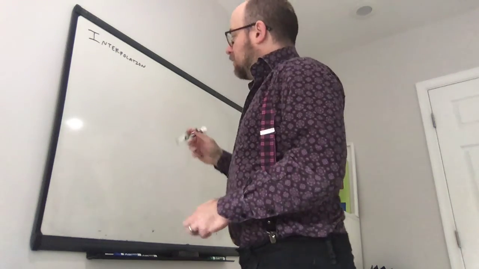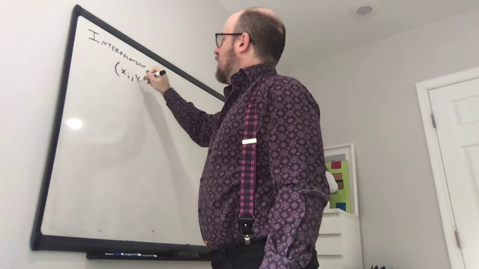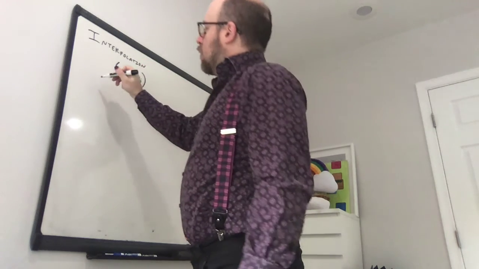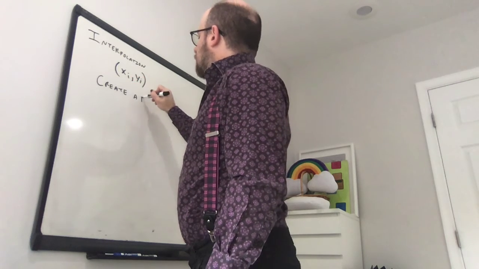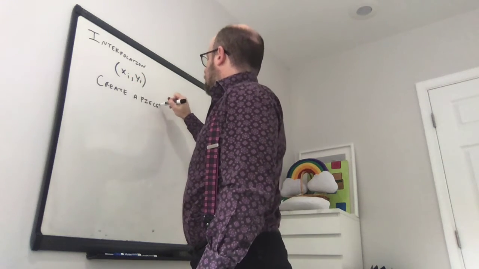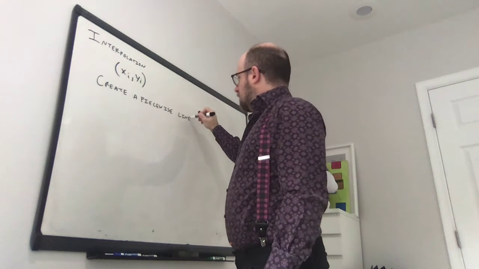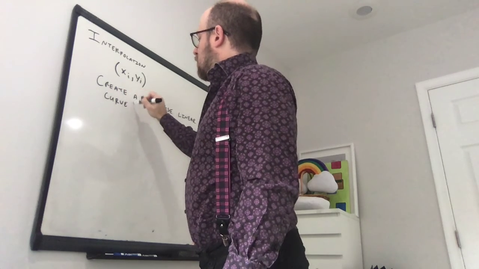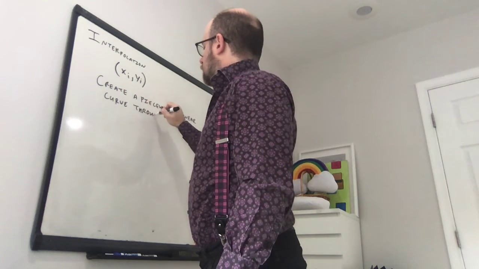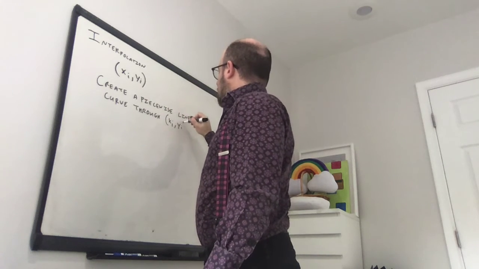In linear interpolation, we start off with our points, xi, yi, and what we're going to do is create a piecewise linear curve through xi, yi.